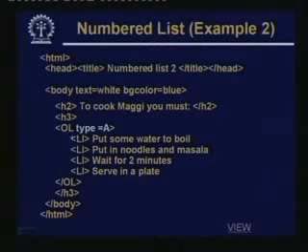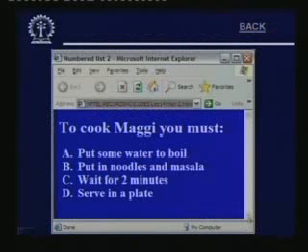So, let us see how this will get displayed. Same example with this attribute type equal to A included in the begin OL tag. If you view this, it will be the same kind of display, but instead of 1, 2, 3, 4, we are getting A, B, C, D in the beginning. This is the only difference you are getting, right.